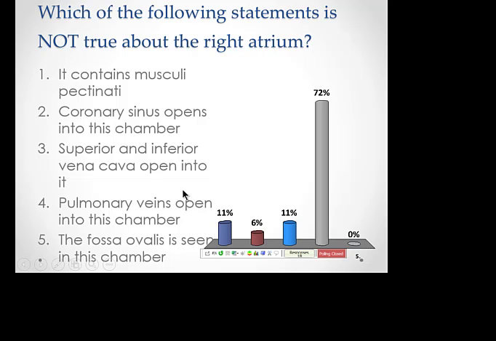Very good. Yes, pulmonary veins do not open into this chamber. Which chamber do they open into? Left atrium. Veins is always atrium, but this is left atrium. Okay.